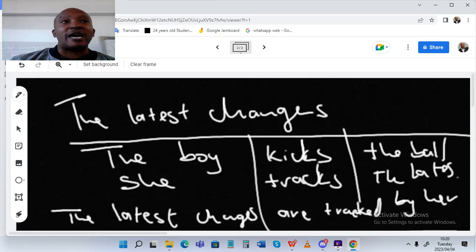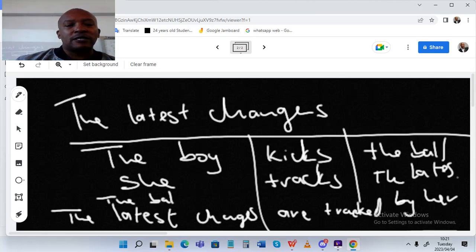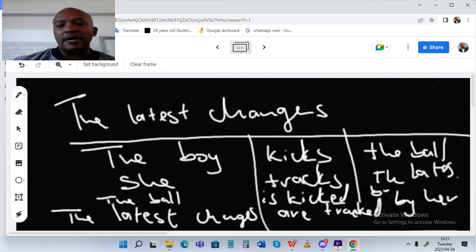Did you see we didn't use the ing here? Then we don't use the ing at the bottom. Then we say the ball is kicked. Then we use ed. The ball, I want to write it here. The ball is kicked. It is by the boy.